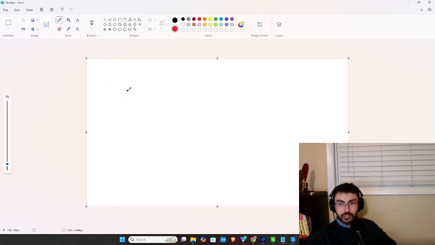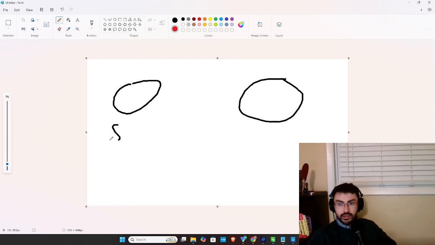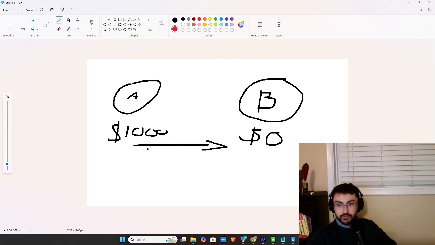Well, we have something called related party rules. Let's say you have $1,000 here in Bitcoin, and you're moving it to a wallet that has $0. Very simple: A, B. So you move, let's say, $500 to this wallet.